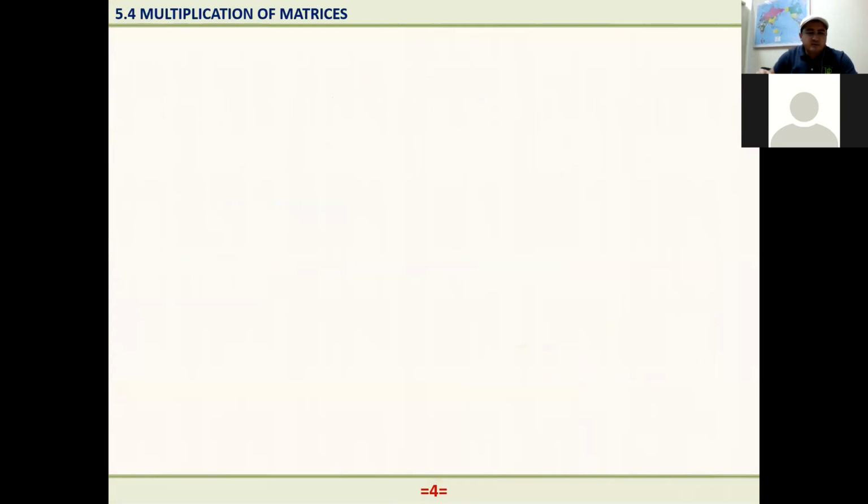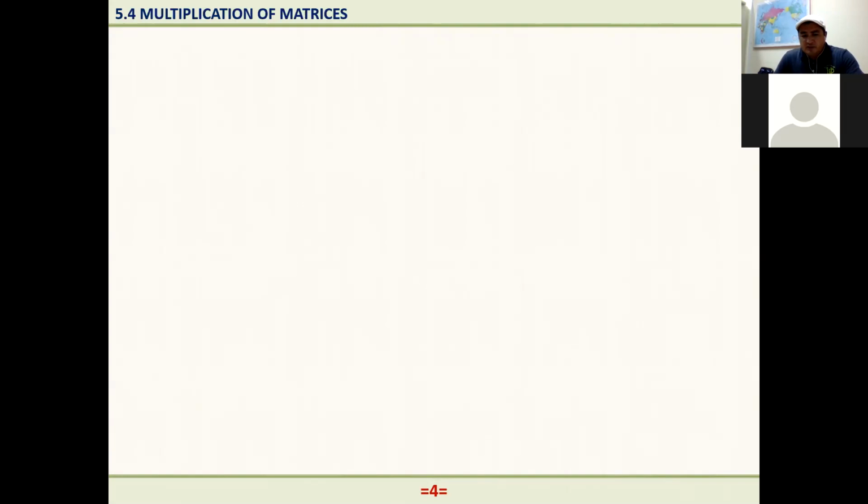Adding two matrices, oh, let me take my pen. Adding or subtracting two matrices, as you know, is exactly the same as with real numbers.